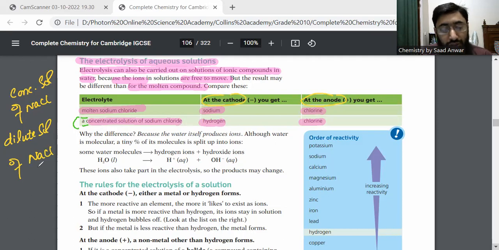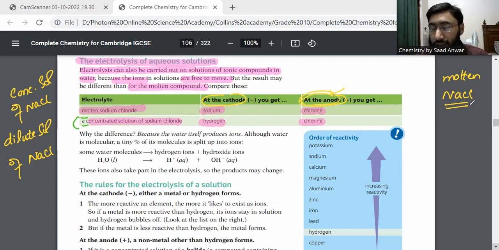And in case of molten NaCl, it's very predictable and very easy to explain which product will appear at cathode and which at anode.